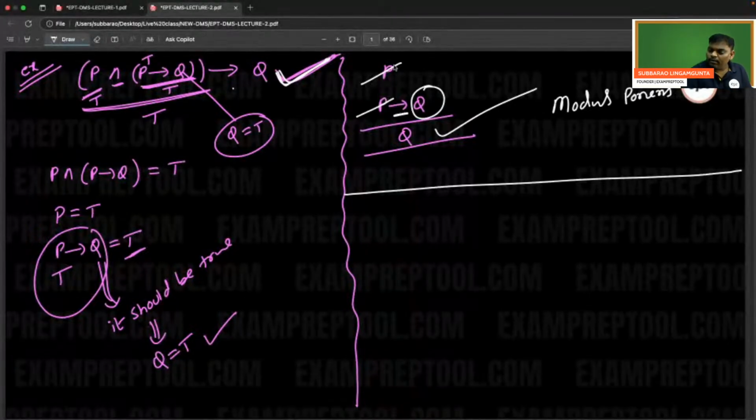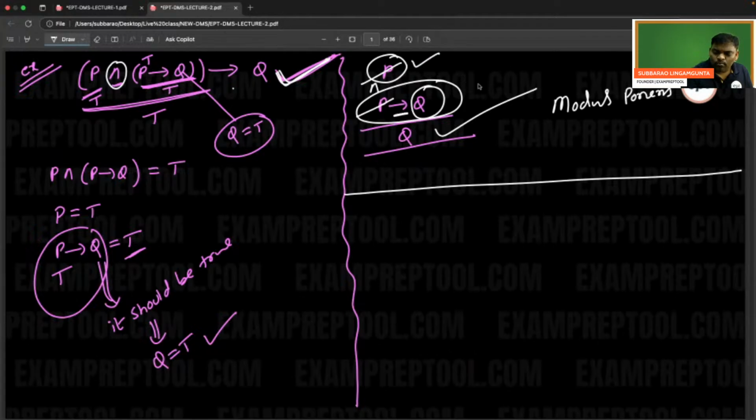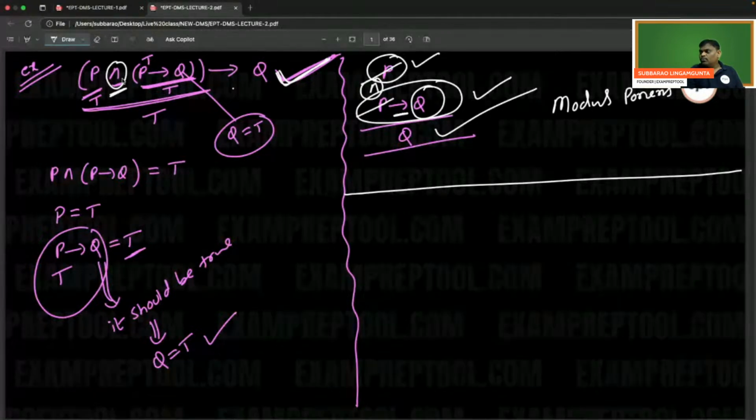Remember, between these two premises there is an AND operation. Cancel both P's, and the left out part is Q. So that is the correct answer.